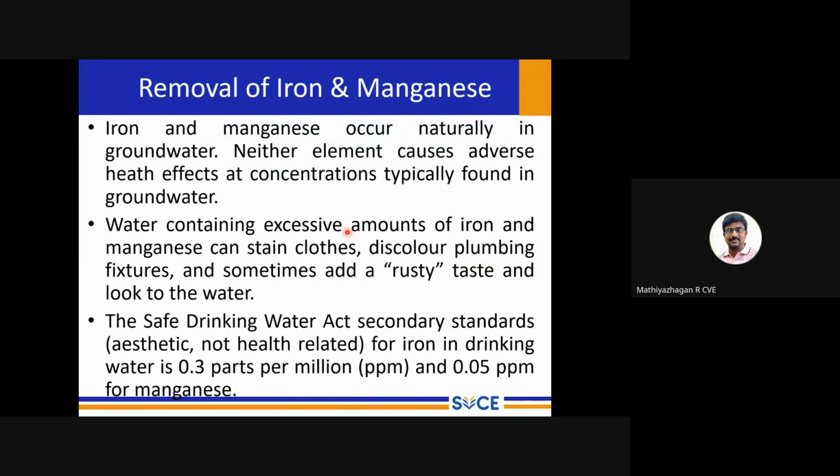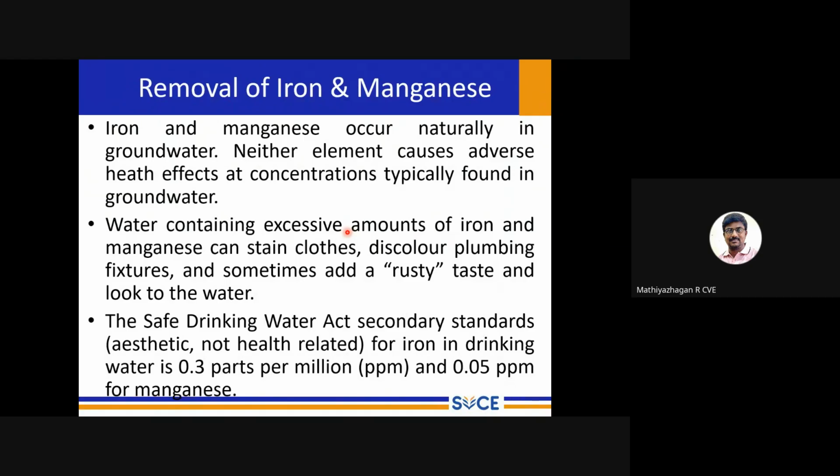Then removal of iron and manganese also comes under advanced water treatment. Iron and manganese are mostly present in groundwater in a soluble state. Once it reaches the atmosphere and contacts the air, the soluble ferrous and manganese are converted into ferric and manganic insoluble salts.